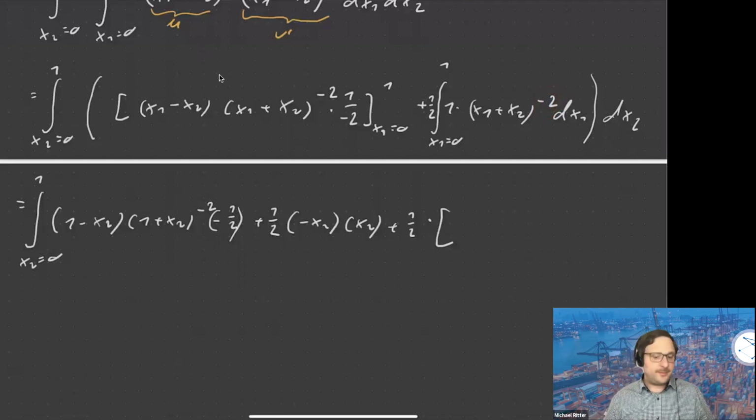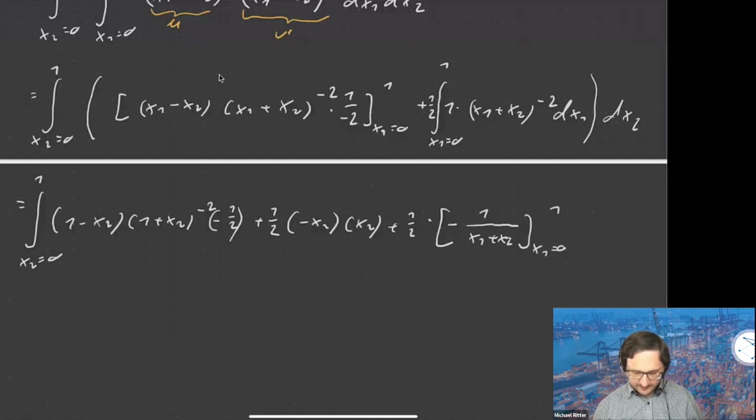And then you divide by that new exponent, so you divide by minus 1. And 1 over minus 1 is just a minus. So what we get here is minus x1 plus x2 to the power of minus 1. So that's 1 over x1 plus x2, and this minus sign here in front. And this is again for x1 from 0 to 1, dx2.